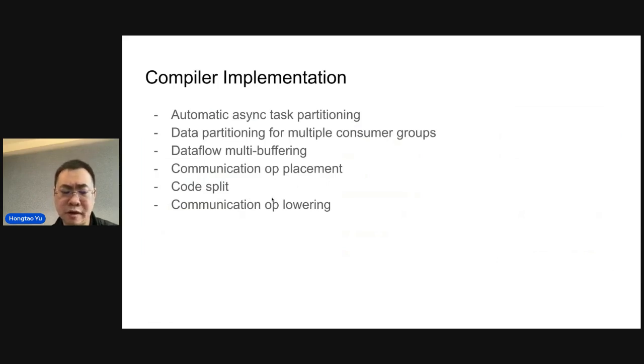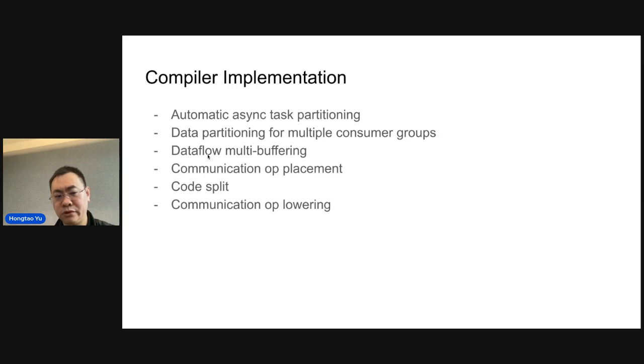Our implementation in the compiler has multiple passes, and we start from an automatic task partitioner that can identify some heavy computation ops and partition the program into different regions conceptually. But then on top of that, we are doing the data partition for the same code region. If we really want multiple tasks to run that, we need to figure out which part of data they are going to work on.